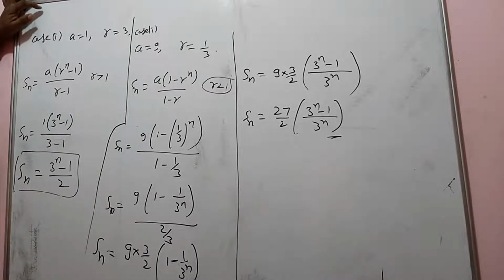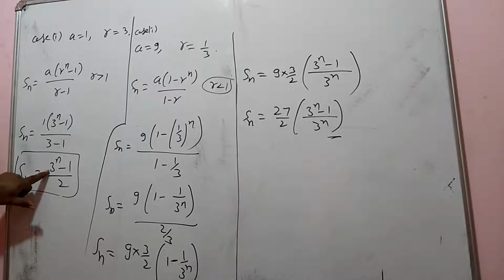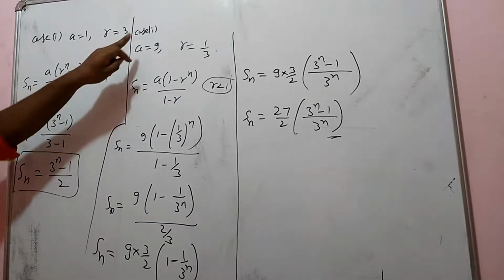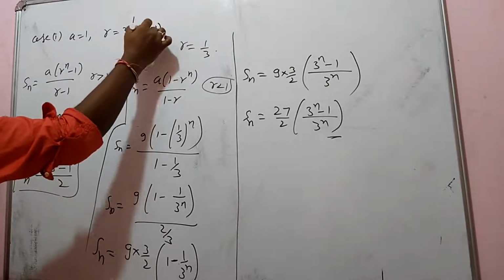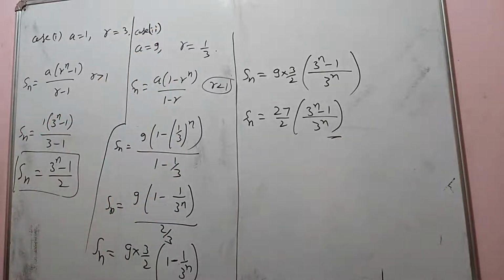So two cases you have found. In the first case, Sn is equal to 3 to the power n minus 1 by 2. In the second case, Sn is this much. So you should know how to deal with these problems. This is what I wanted to explain to you all. Did you understand?